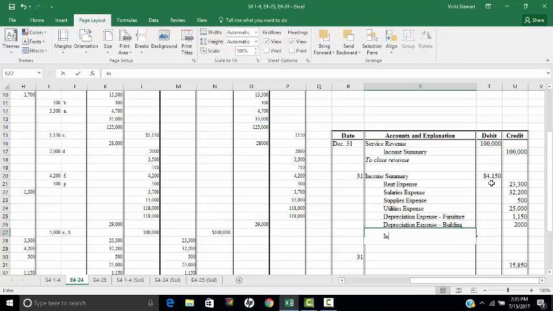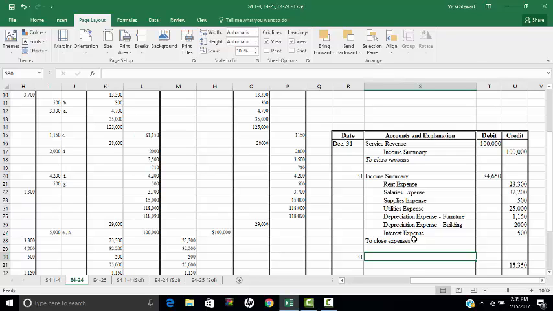And our last expense is interest expense. Okay, and if you notice, we have the same total for income summary that we had in our income statement column in our worksheet. So that's another good check. And the explanation for this entry is just to close expenses.